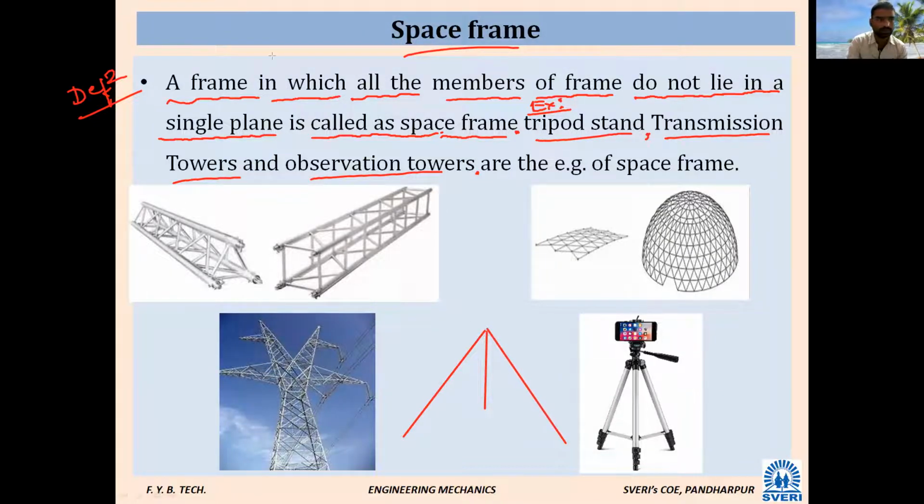This is tripod stand. You can draw this mesh also, but it is not possible to draw. Just you have written the examples already, that is sufficient. In exam they ask examples, they don't ask diagrams.